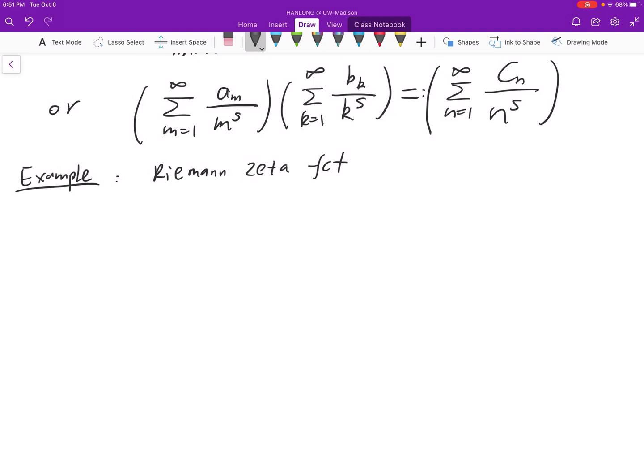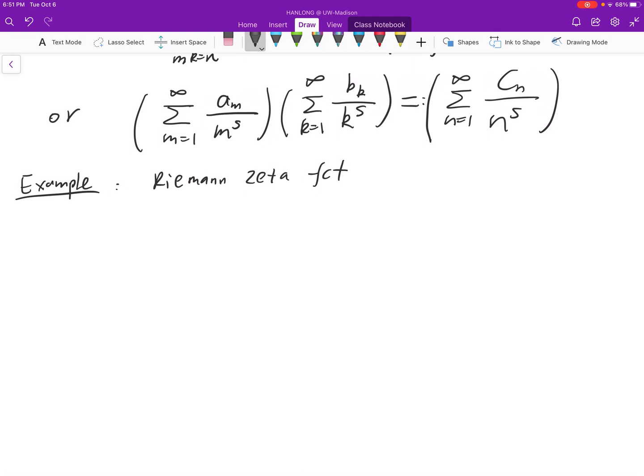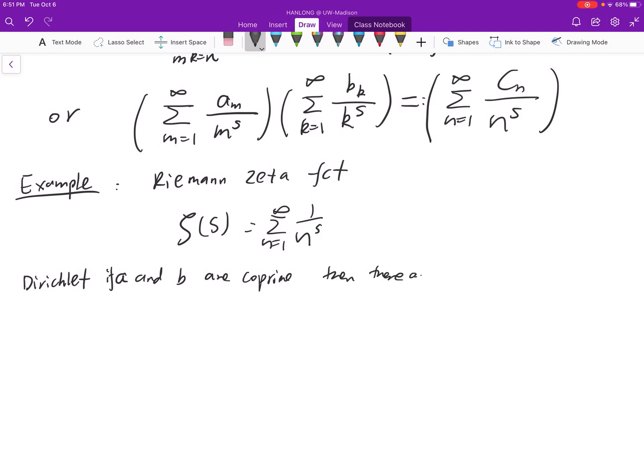I think the analytic method was introduced into number theory first by Dirichlet, who proved that if a and b are coprime, then there are infinitely many primes in ax plus b, for a equals 1, 2, 3, all the way up, with coprime natural numbers for simplicity.